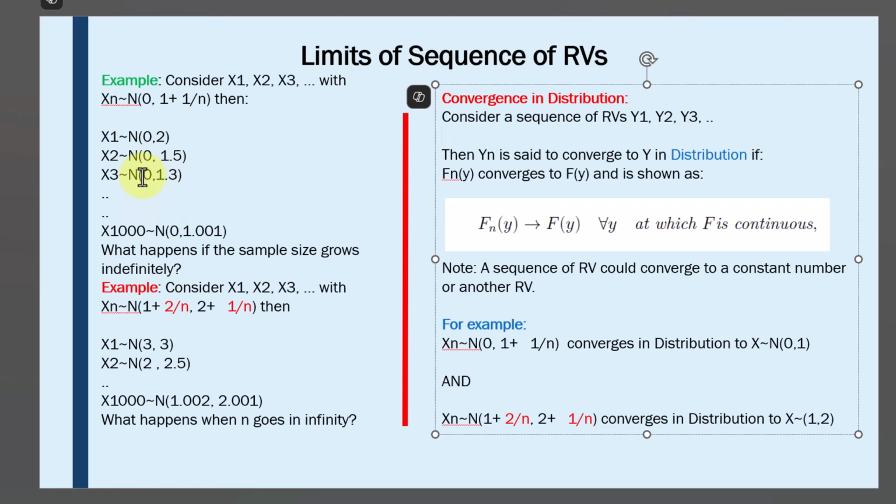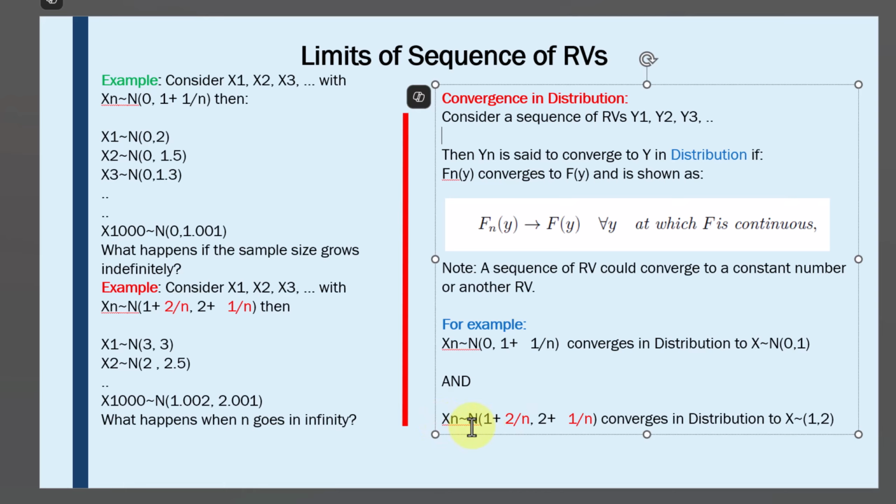In these examples, the sequence converges to a particular random variable with a particular distribution as n grows large. For example, here, this sequence converges to a random variable X which has a normal distribution 0 and 1. In fact, this is a standard normal distribution.